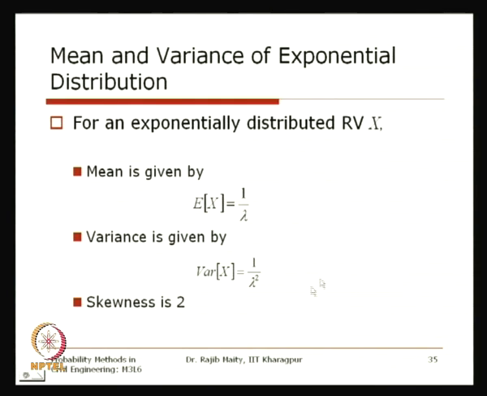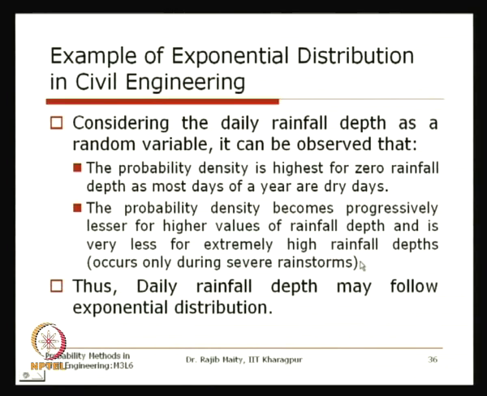In the earlier lecture we covered this distribution as an example. If we take daily rainfall depth, the probability density is highest for 0 rainfall. We know that if most of the days are dry days, then the maximum probability is concentrated at 0.